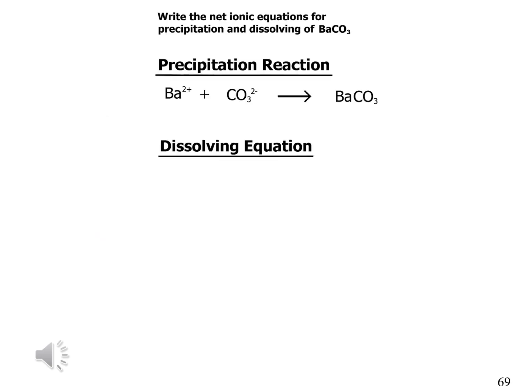The thing is, if you look at a dissolving equation, it's kind of the reverse, because you are taking the solid and starting with that, and then the solid breaks up into ions. So if you want to write a dissolving equation for barium carbonate, you would start with the solid on the left and break it apart into the ions.